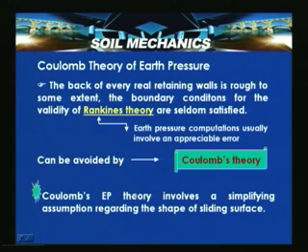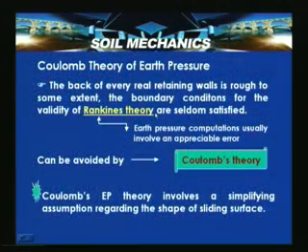Coulomb's earth pressure theory involves a simplifying assumption regarding the shape of the sliding surface. A sliding surface is assumed in this theory. Another limitation is that the forces on the failure wedge are not in equilibrium. But despite these demerits, the theory has a merit over Rankine's theory.